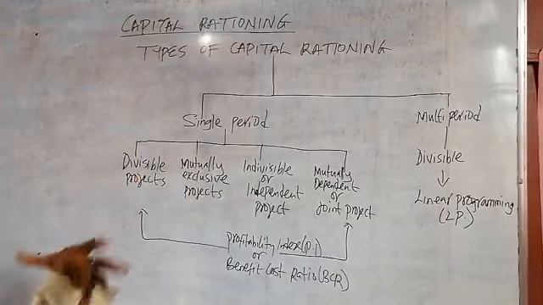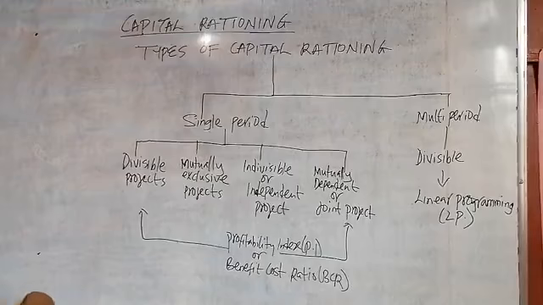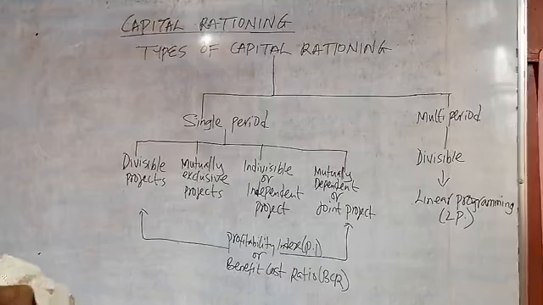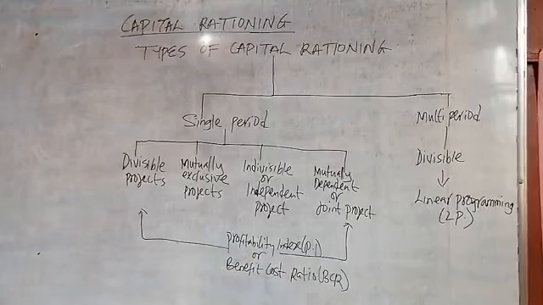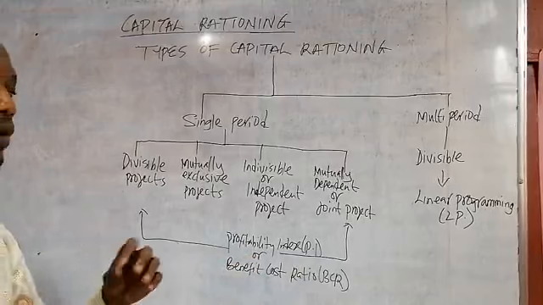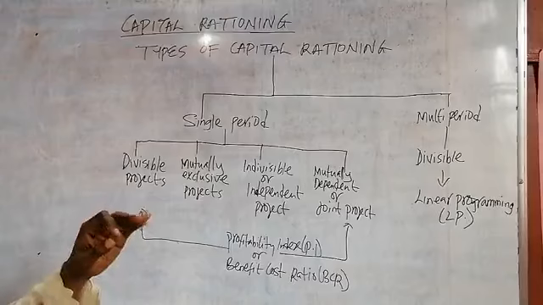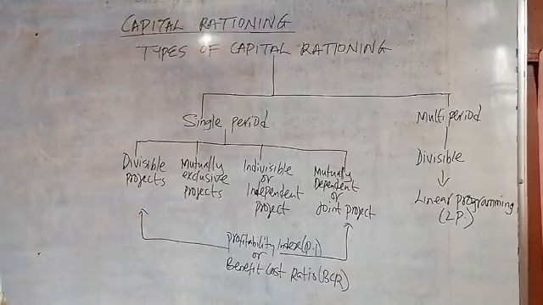Soft capital rationing is within the company, in which the company may decide to have a ceiling for outflow for a particular period of time. That is, the company says we don't want to spend more than this particular amount of money in this period. By that, you place a restriction, a constraint, on the available projects.